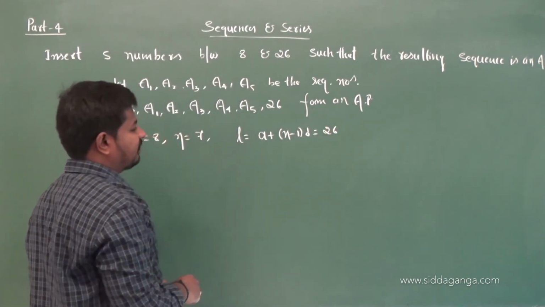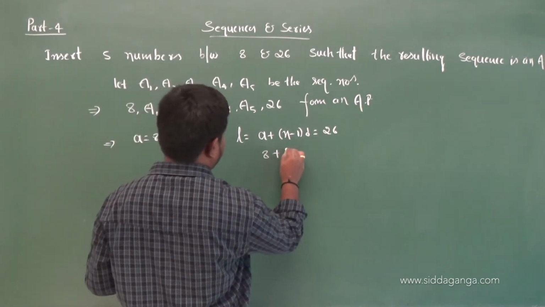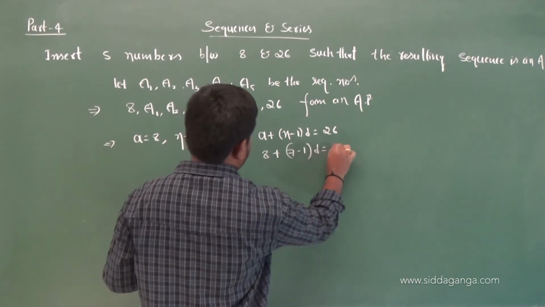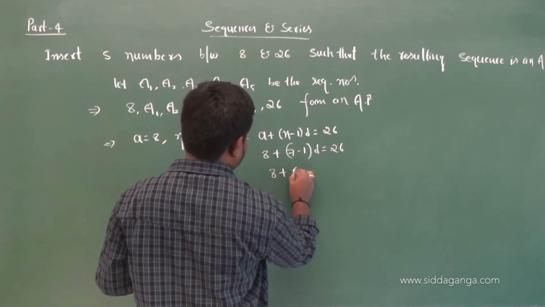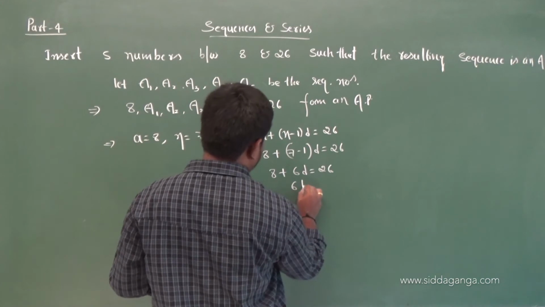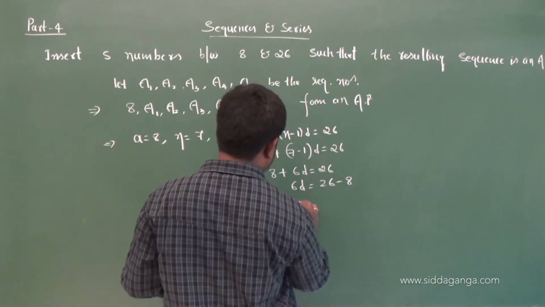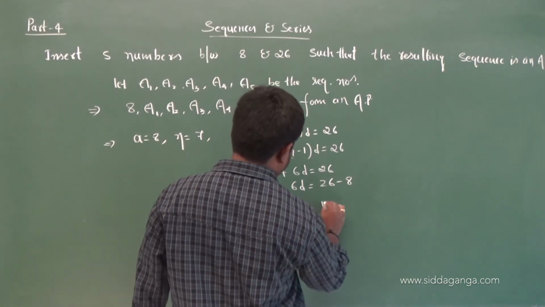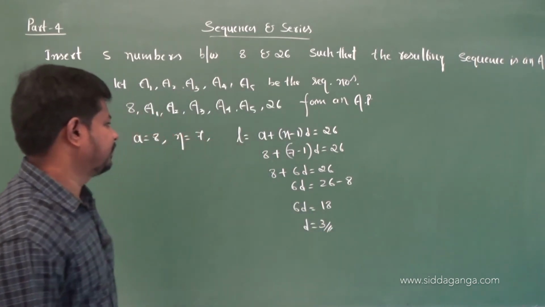So 8 plus (7 minus 1) into D is equal to 26. So now 8 plus 6D is equal to 26, you mean 6D is equal to 26 minus 8, 6D is equal to 18. D is equal to 3. So common difference we have got 3.